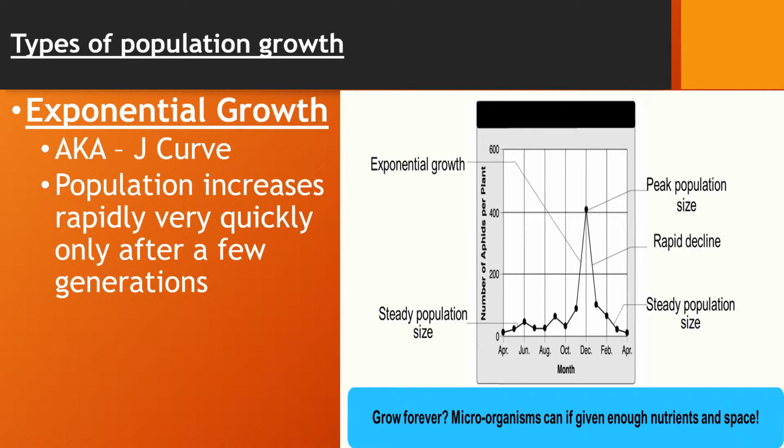With enough resources, an organism, or the population, can grow forever. But that's unlikely. There are limitations on resources. And so exponential growth is not sustainable. It's never sustainable. It's always going to hit what we call a limiting factor.